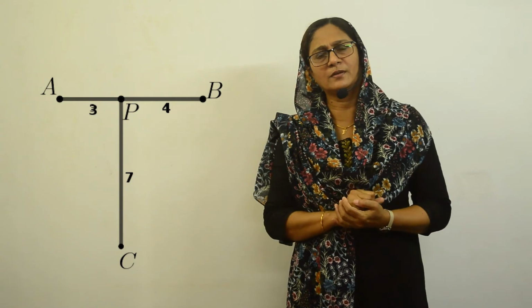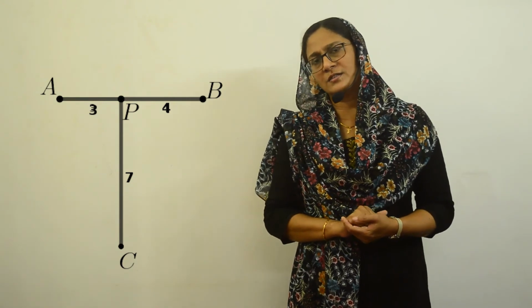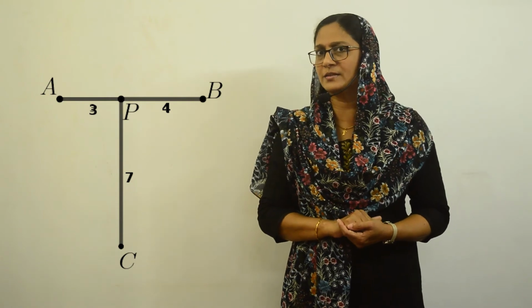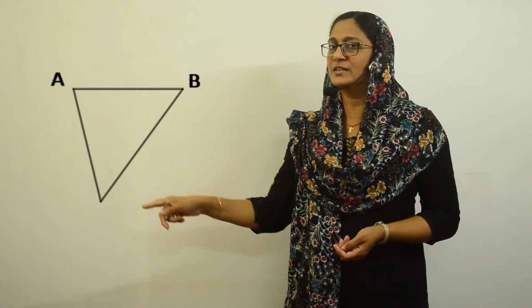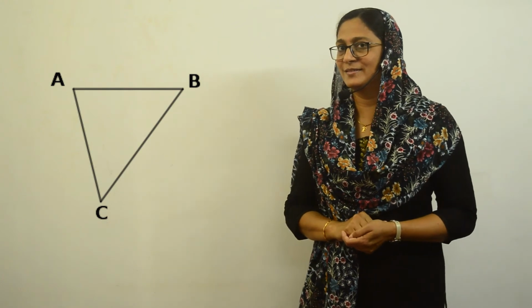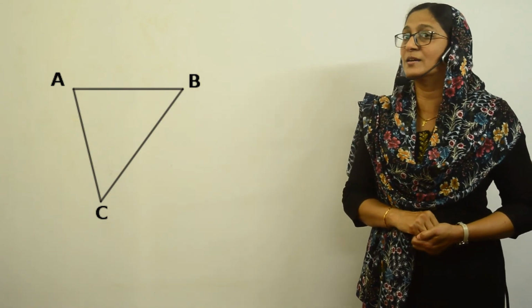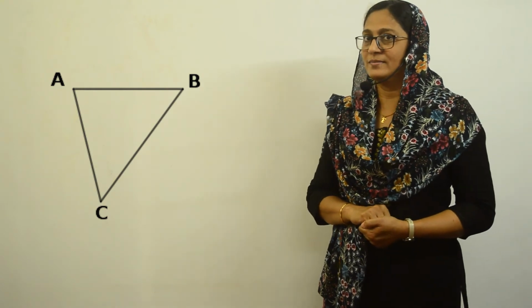Do you remember studying such a topic in our last year's class, 9th standard? We have 3 points A, B and C. Let's join the 3 points. We get a triangle. We have learnt last year how to draw a circle around this triangle, the circumcircle of the triangle.